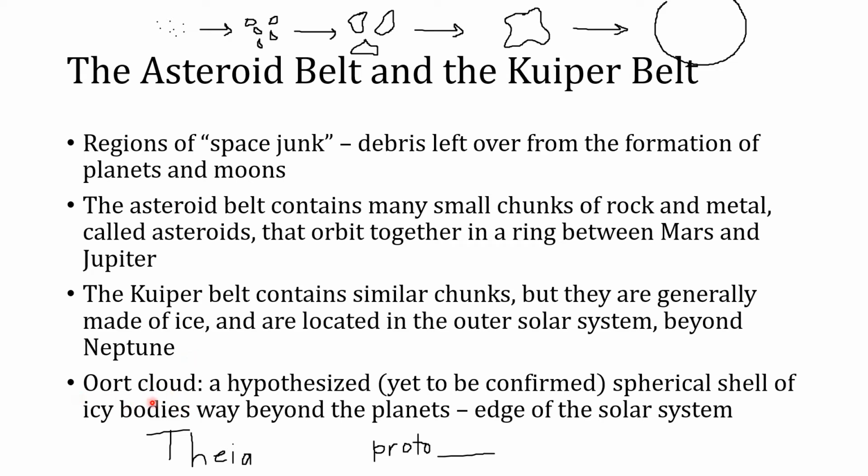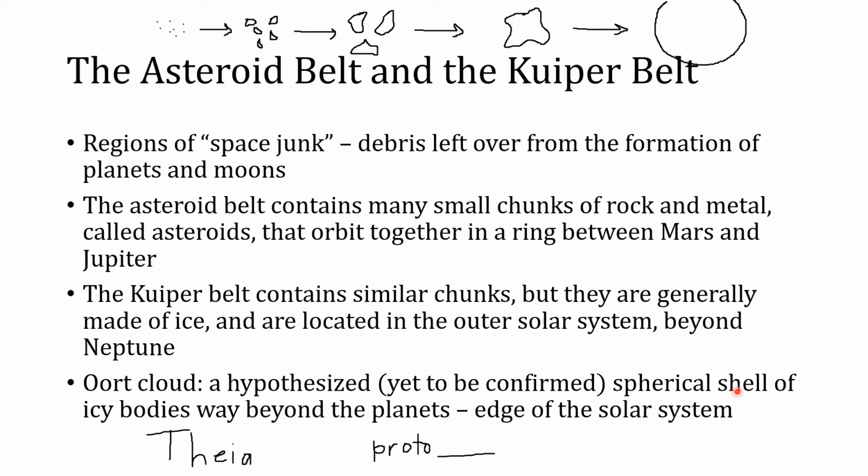And then just a final note, there's this thing called the Oort cloud. It's hypothesized in the sense of we haven't actually seen it yet, but it's basically known to be there. It's like a shell of comets.